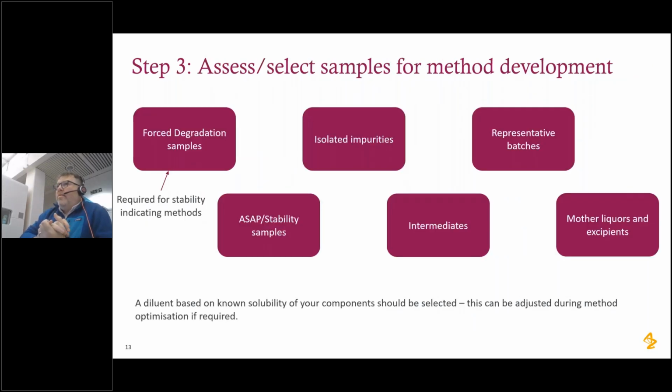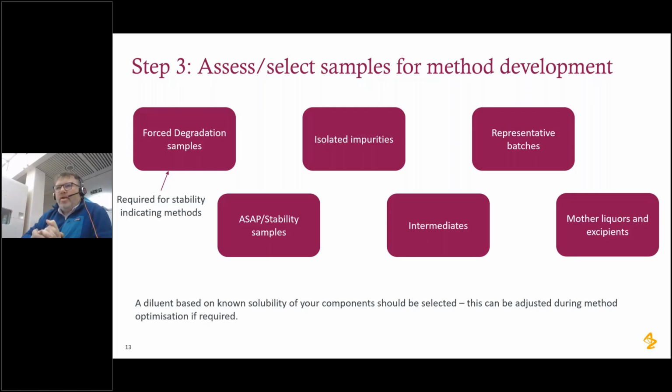So moving on, once we've got our physicochemical data through Perceptor, we can then start to see, right, well, what samples do we need to put into our method development? And this comes back again to looking at the ATP and understanding what your method is going to be needed for. So if it was a method that needed to show how stable something was over a long period of time, in the sense that it needs to be stability indicating, you might want to put samples in there that have been force degraded so that you can see all of those key impurities.